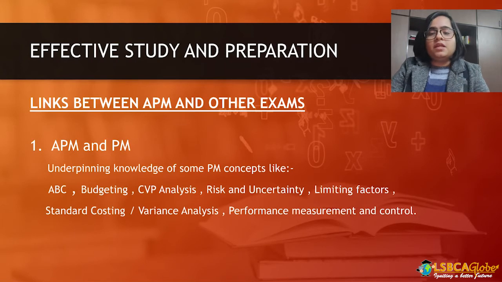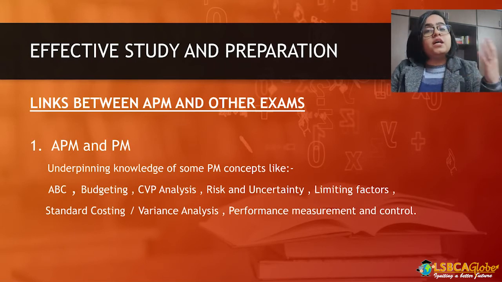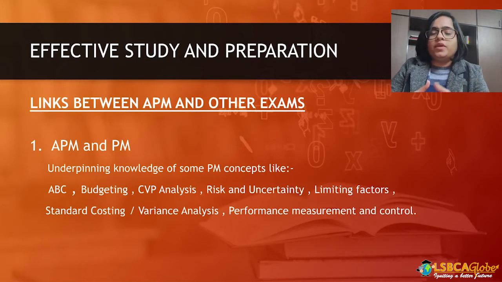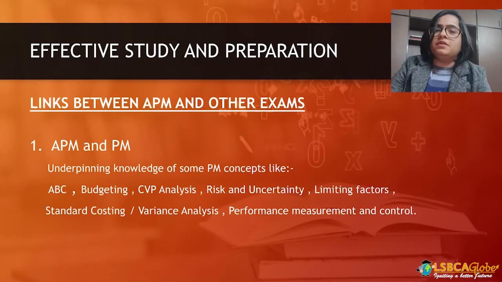And then the CVP analysis, risk and uncertainty, limiting factors, standard costing or variance analysis, where planning and operational variances in particular are very important. And then performance measurement and control. These topics must be brushed up before going for the APM exam.